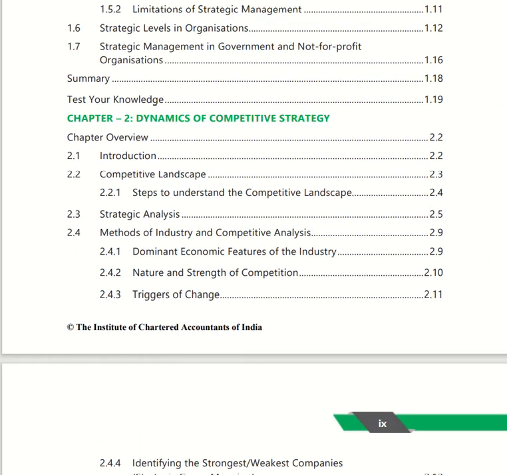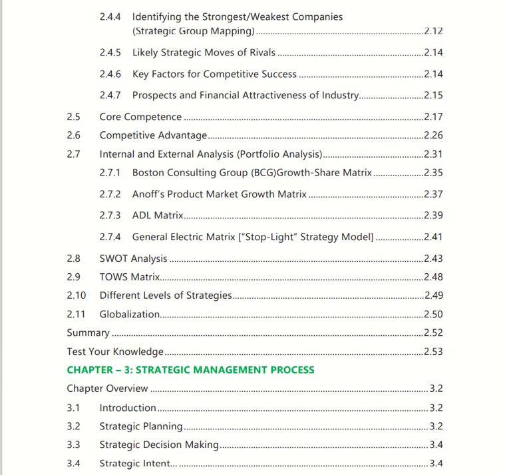Now, up to the first half, we see that there is the introduction, a competitive landscape, strategic analysis, methods of industry and competitive analysis, and identifying the strongest or weakest companies, etc., core competence, and competitive advantage.